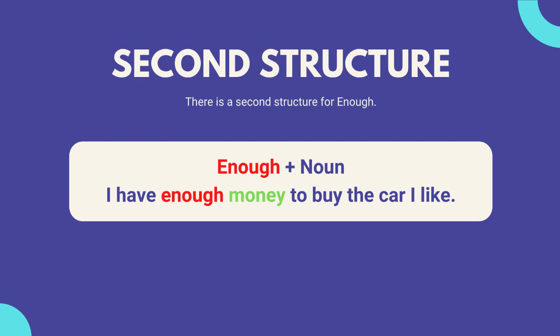There is a second structure that we can use for enough, and it is enough plus noun. So I can say, I have enough money to buy the car I like. You can see, enough plus the noun, money. It means I have a sufficient amount of money to buy the car I like.